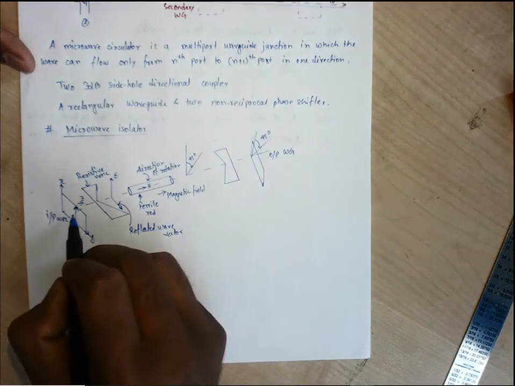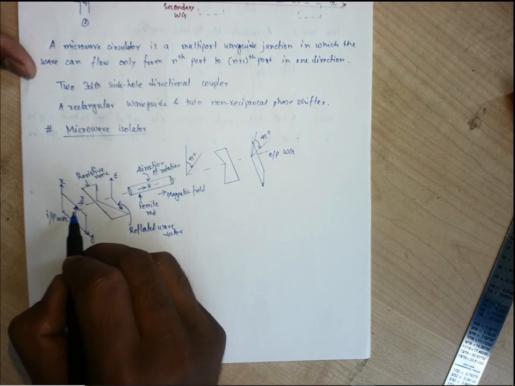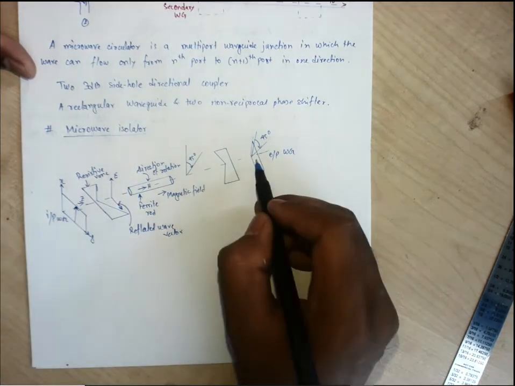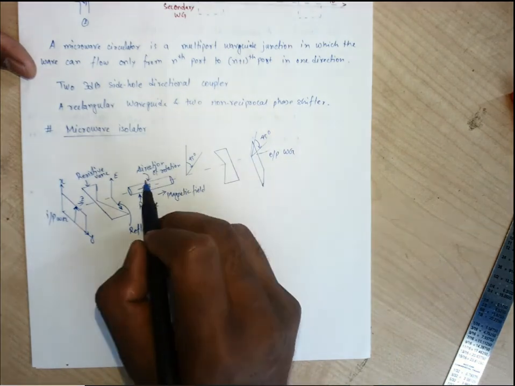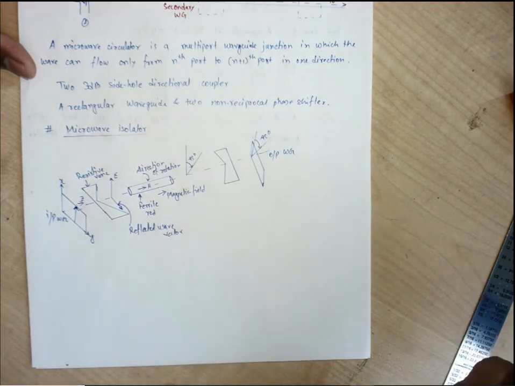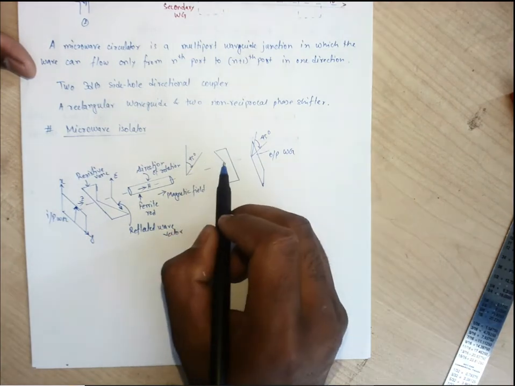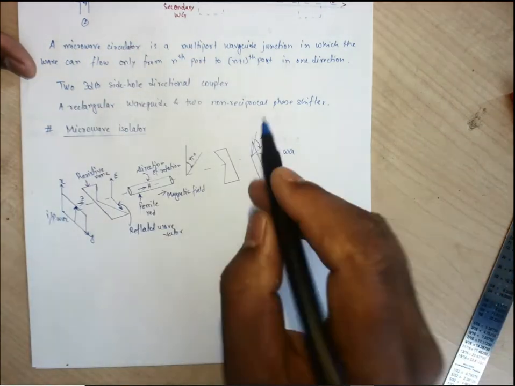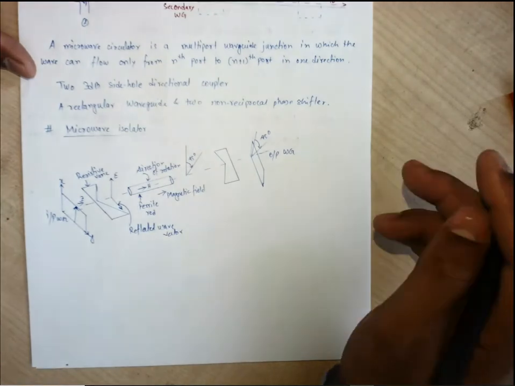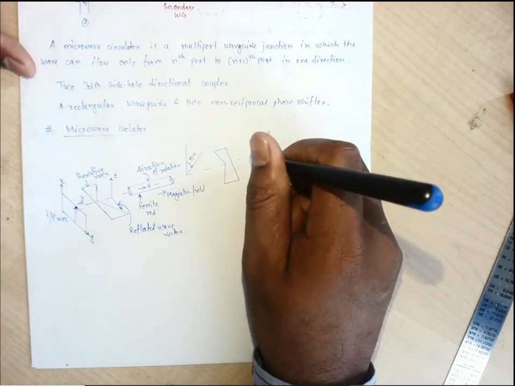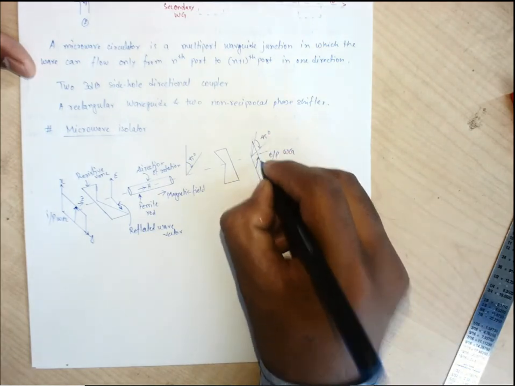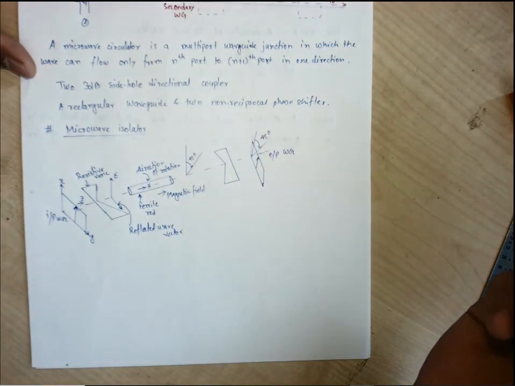The field vector at the output waveguide has the same direction which supports this output waveguide, because it is by default rotated by 45 degrees. This resistive vane is also rotated by 45 degrees. On this resistive vane, again the field vector is normal. So on this output waveguide, again it remains in the vertical direction.